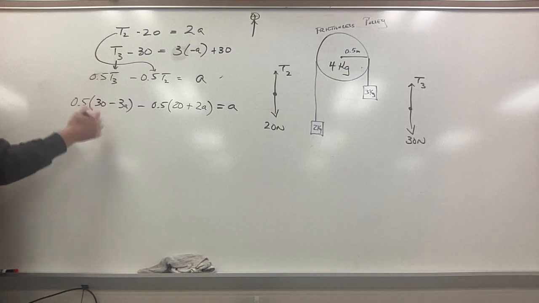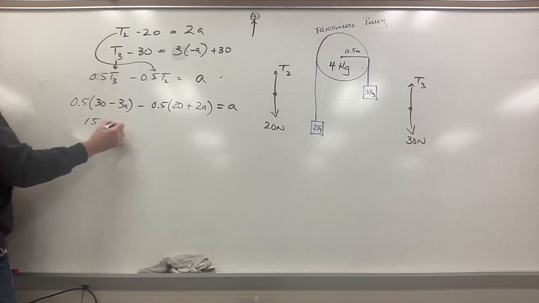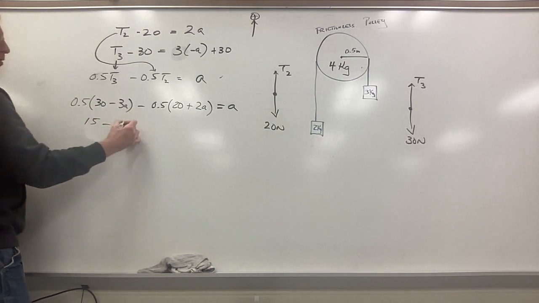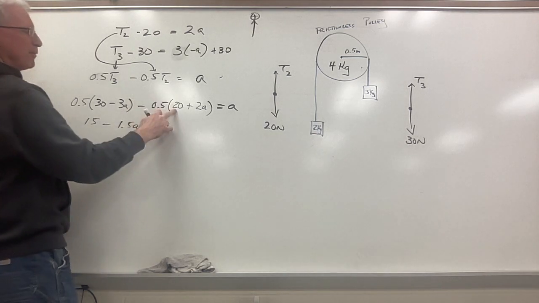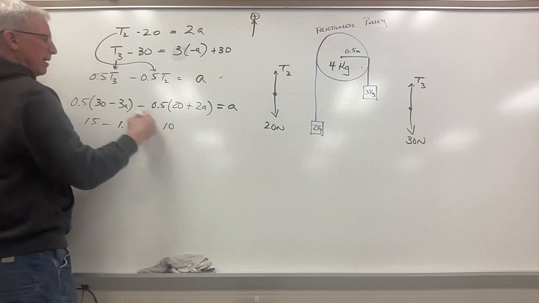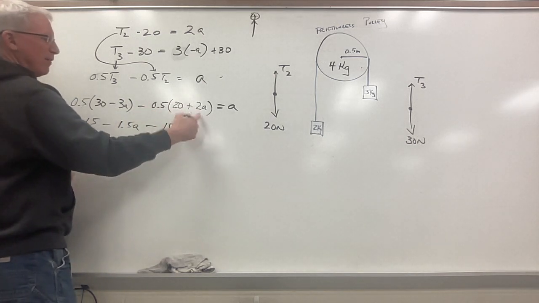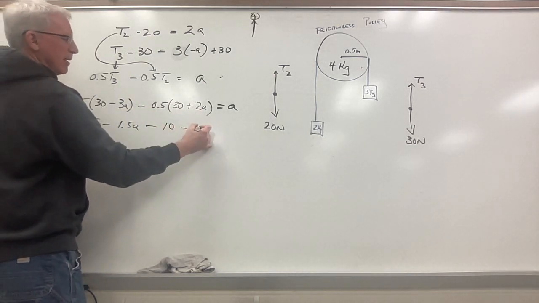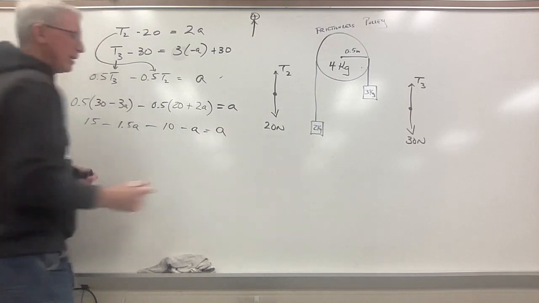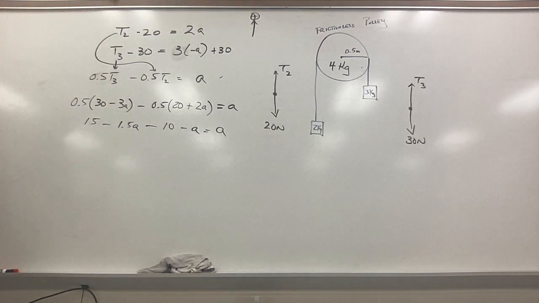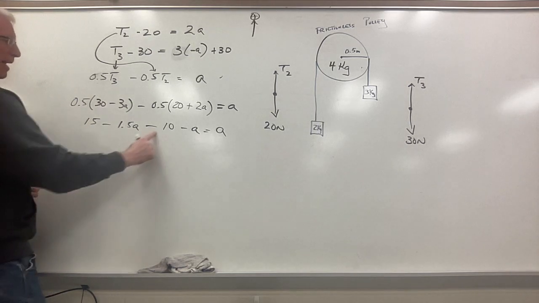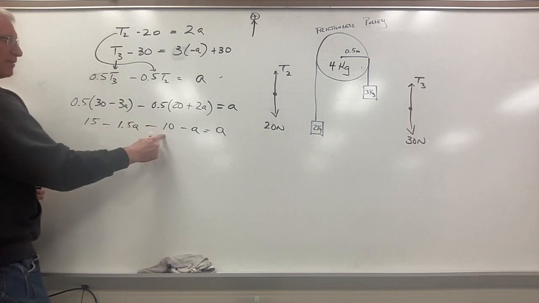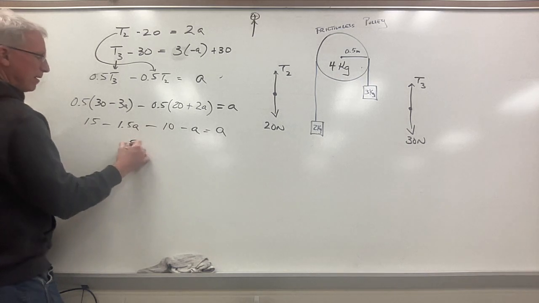So half of 30 is 15, minus half of 3 is 1.5, minus half of 20 is 10, and then minus half of 2A is A, all equal to A. If we combine like terms, I'm going to get 15 and negative 10, that's a 5.